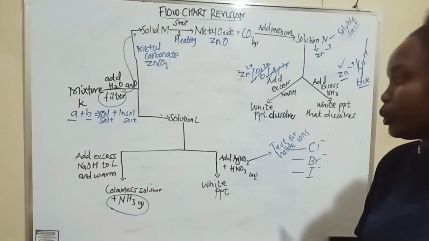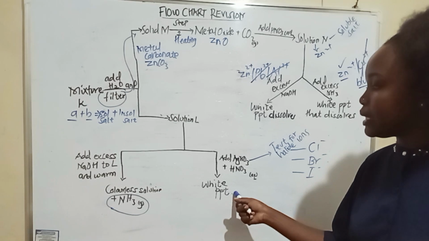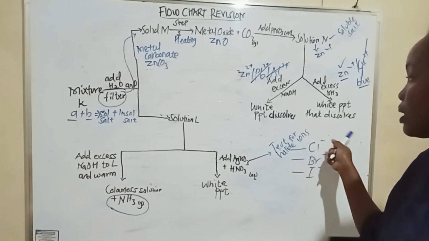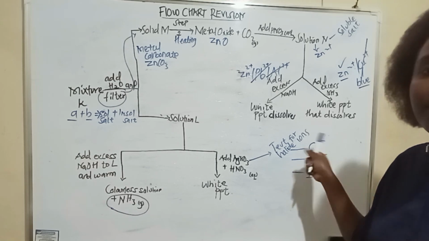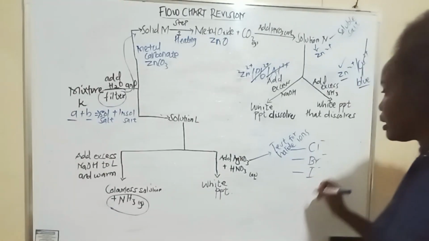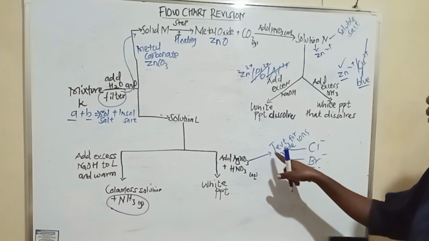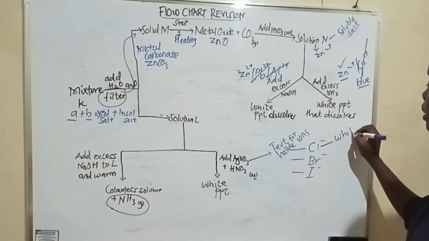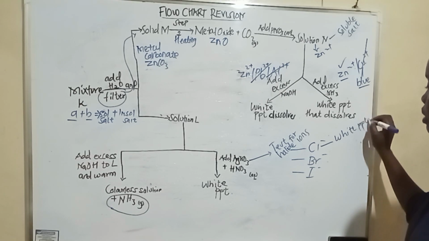Now we are going to look at the color of precipitates formed when silver nitrate is reacted with halide ions, if halide ions are present in a solution of silver nitrate. Normally, chloride ions form a white precipitate.